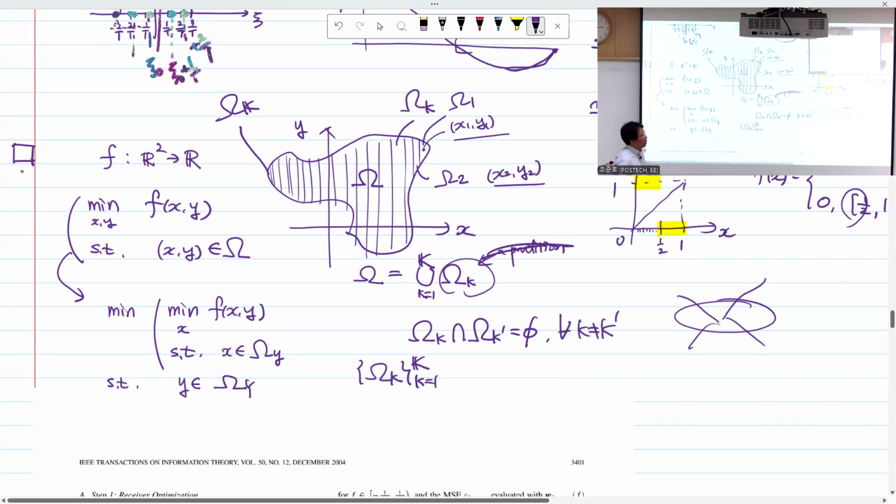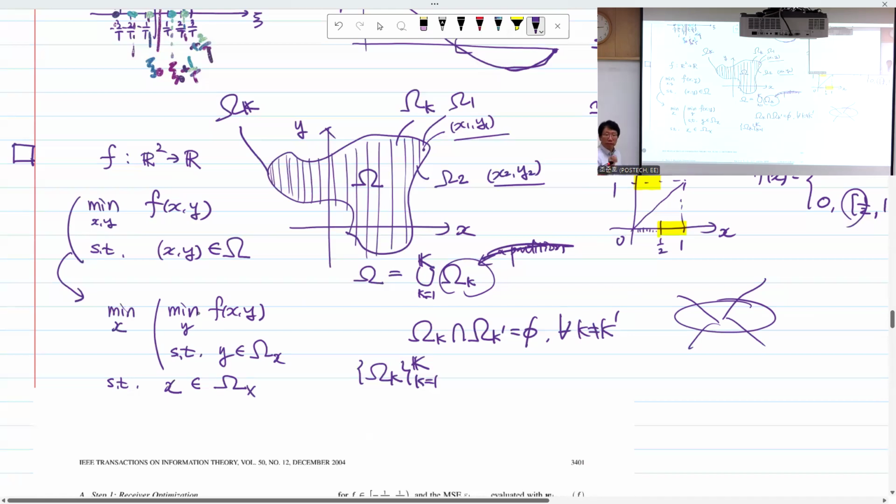Something like that. Here, capital omega sub y means every possible y in the constraint set. So exactly, let me see. Let me use y first, x. So y, x, x, x. And we have x.